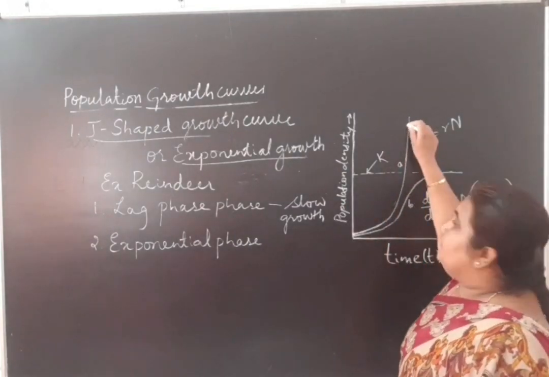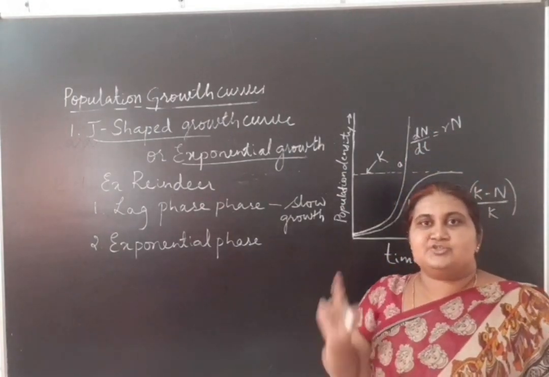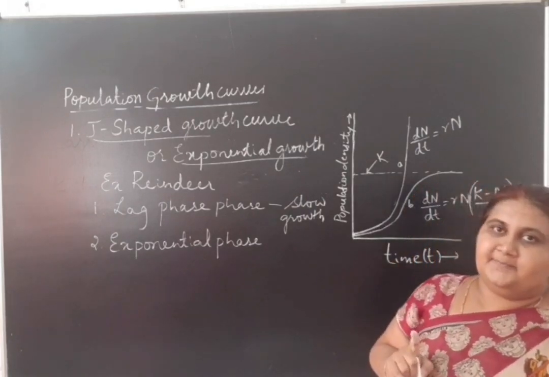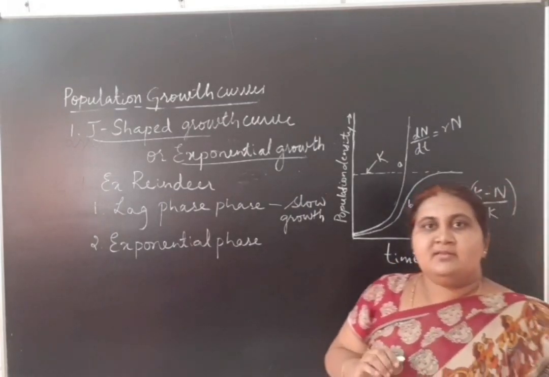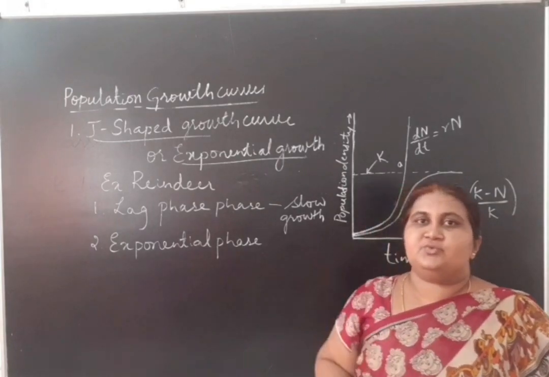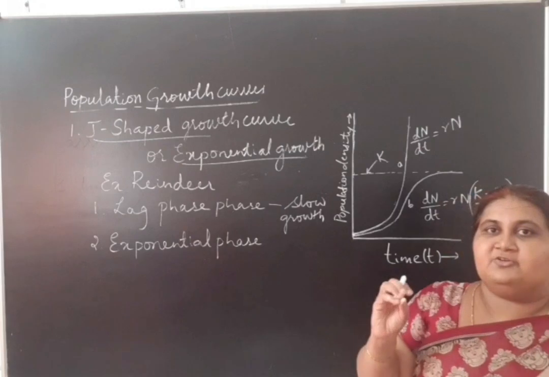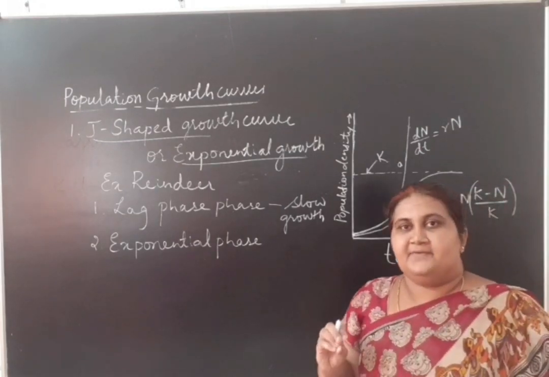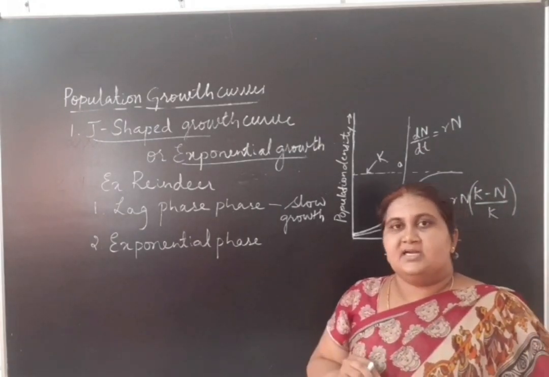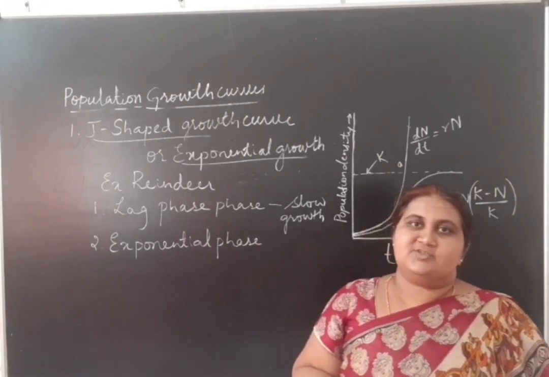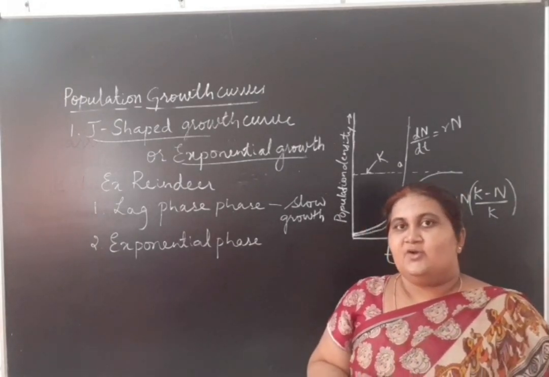And population size reaches its maximum. When the population size has reached a maximum, at a particular moment we can find there will be a sudden decline in the size of the population. Why?